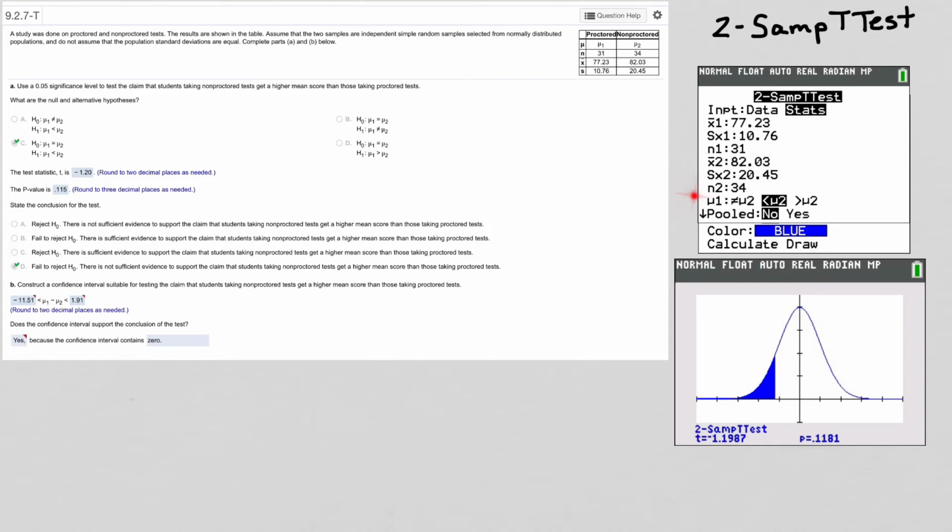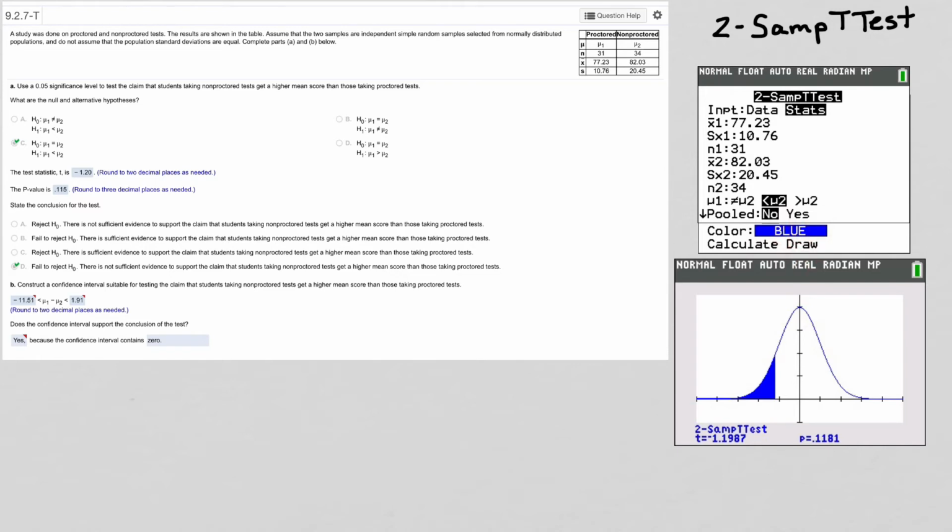The alternative hypothesis is right here, that mu1 is less than mu2. And we said no to pooling. You're always going to say no to pooling. And then I can choose calculate or draw.